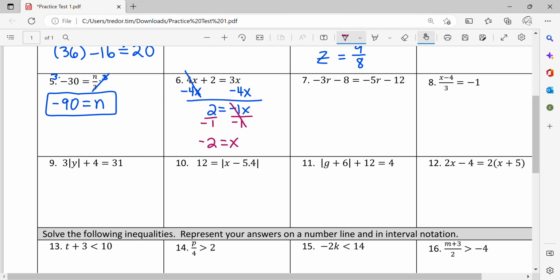Number 7, we've got variables on both sides of the equal sign. So the first thing I would want to do is to gather them up on one side. So I'm going to add 5r to both sides. Negative 3r and positive 5r would make positive 2r.